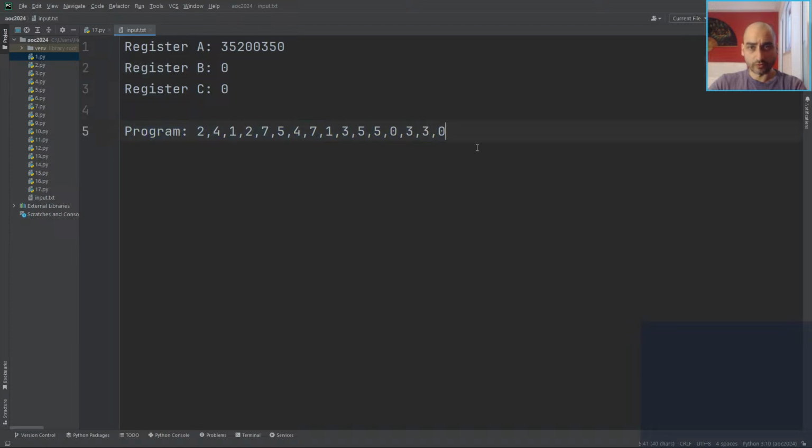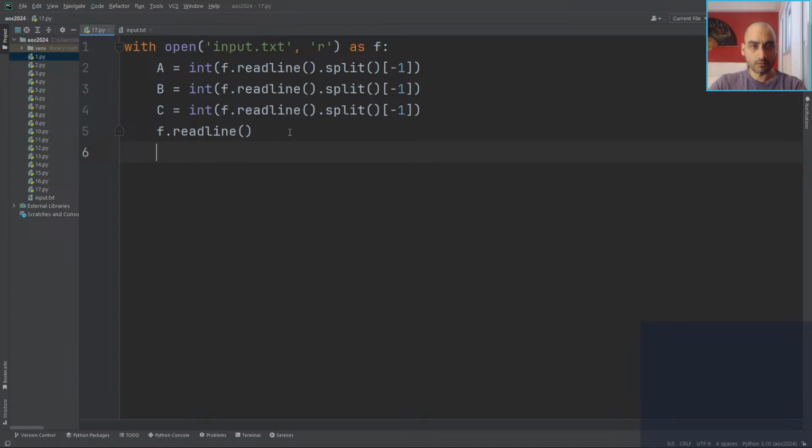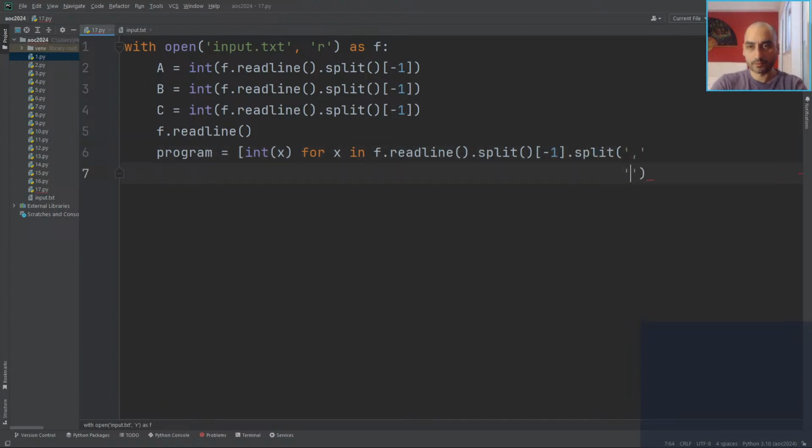And then we've got the program, so it's going to be that final token. So program equals int x for x in that, split on commas.